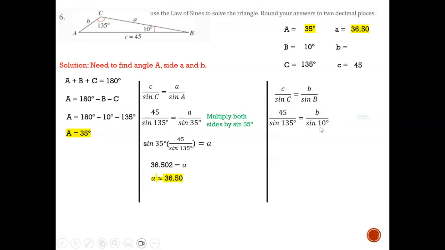So here, guys, we multiply both sides by sine of 10 degrees. It's going to give us sine of 10 degrees times 45 over sine of 135 degrees. Use your calculator. So it's going to give us something like 11.050. So the answer will be 11.05. That's the result for side B.